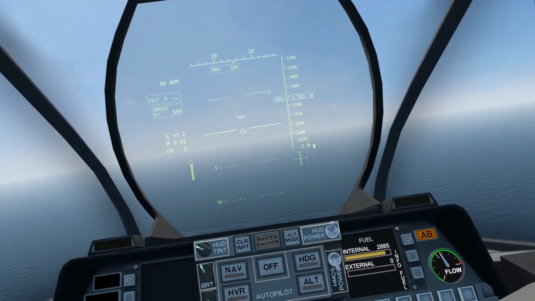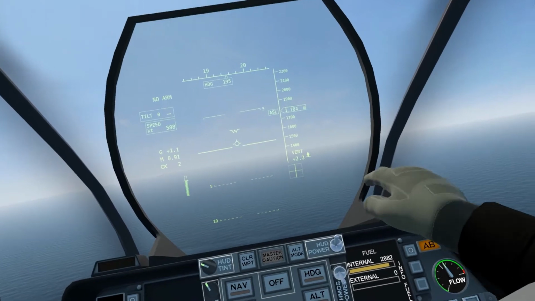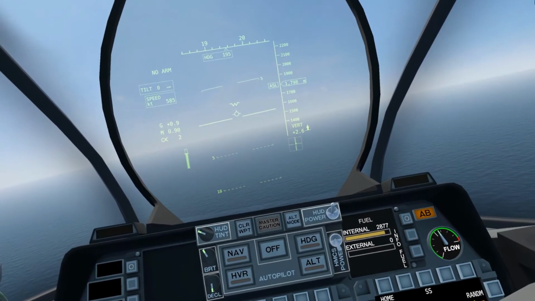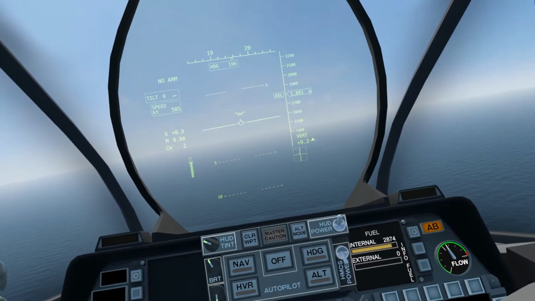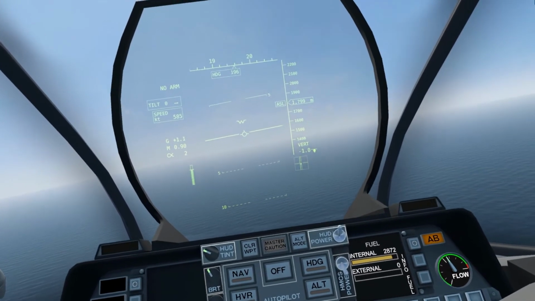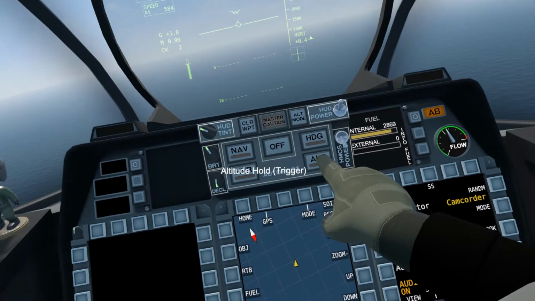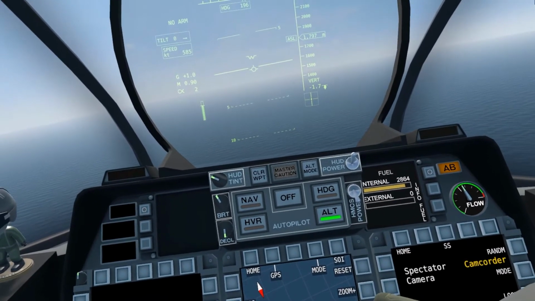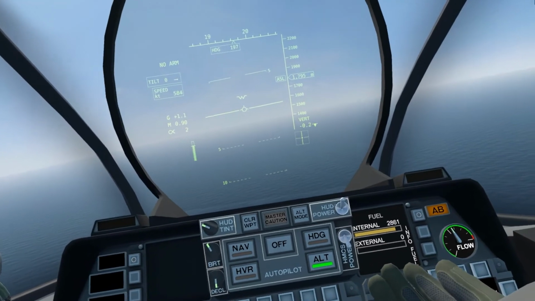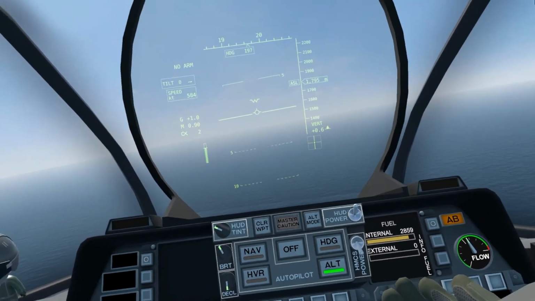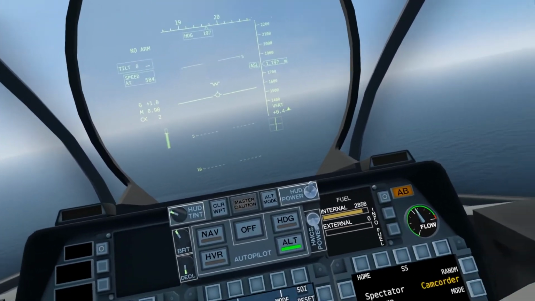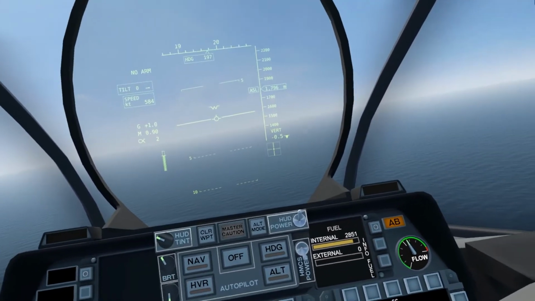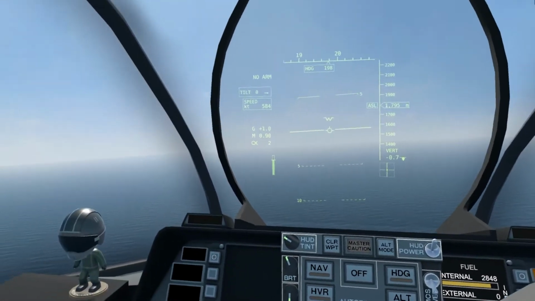Okay, I'm going down a little bit. It's not quite that easy to get it exactly right. Now I could easily just hit the autopilot here, the altitude, and that'll automatically handle it for me. That's very nice. I use it all the time. But for purposes of this demonstration, I'm going to turn it off.